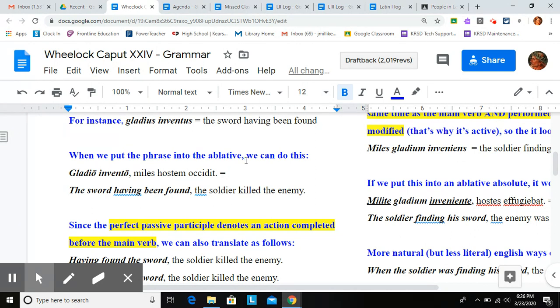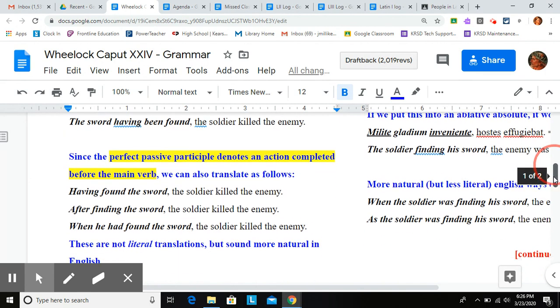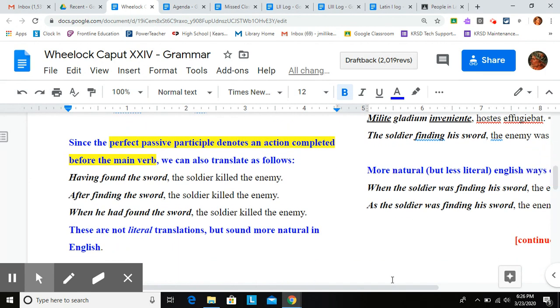So after the sword having been found, the soldier killed the enemy. Now, that's not how we would say it in English. We don't say "having been" a lot in English because we have more graceful ways of doing it. So we might translate it into English to say the same thing: having found the sword, the soldier killed the enemy.